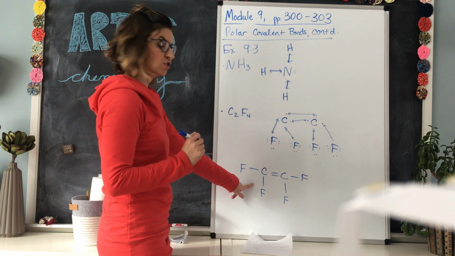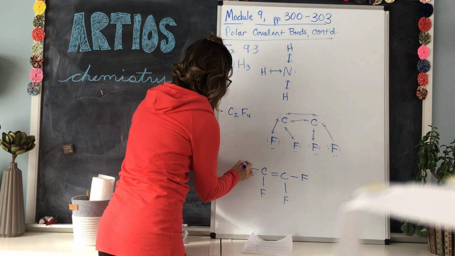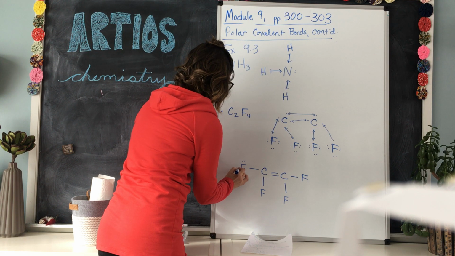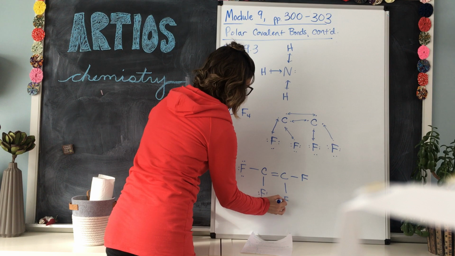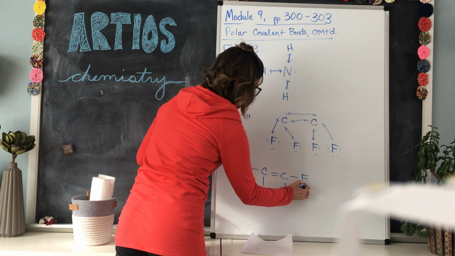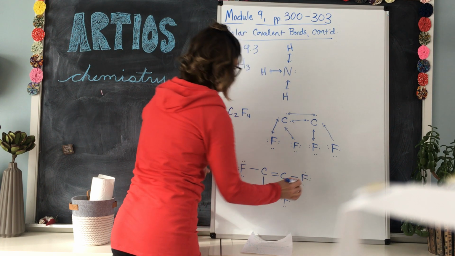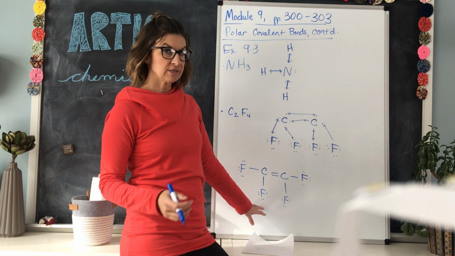And then let's add our extra valence electrons for fluorine. Each would have 6 more around it. Okay, so here's our Lewis structure.